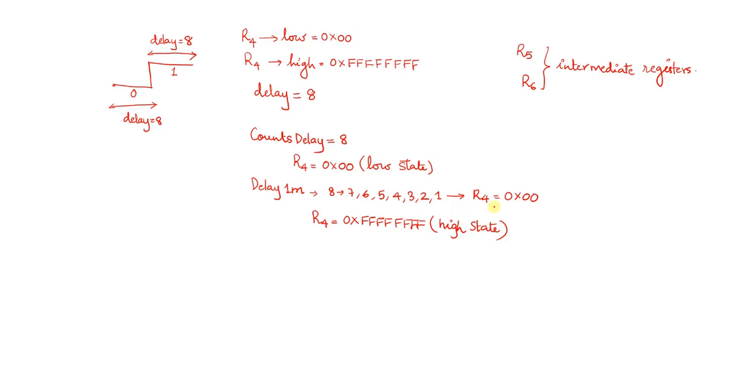Now, again what we are doing is, again the delay loop will be called, the delay label which I have given as delay 1m, and the value of my counts delay is 8, right. So, this 8 is going to be decremented as 8, 7, 6, 5, 4, 3, 2, 1, and during the decrementing of this particular delay, the value of R4 is going to remain in the high state itself, that is 0xFFFF.